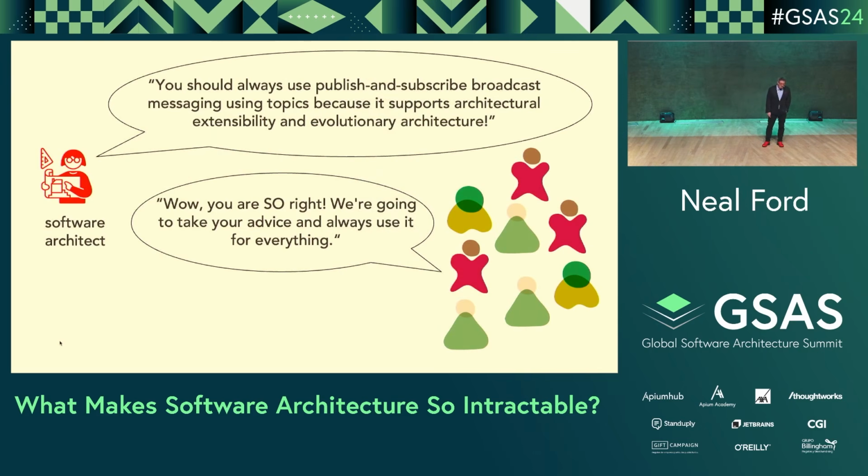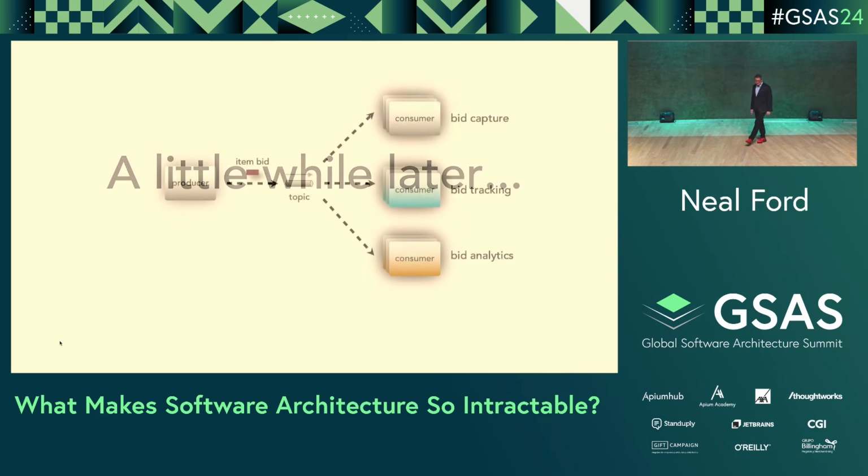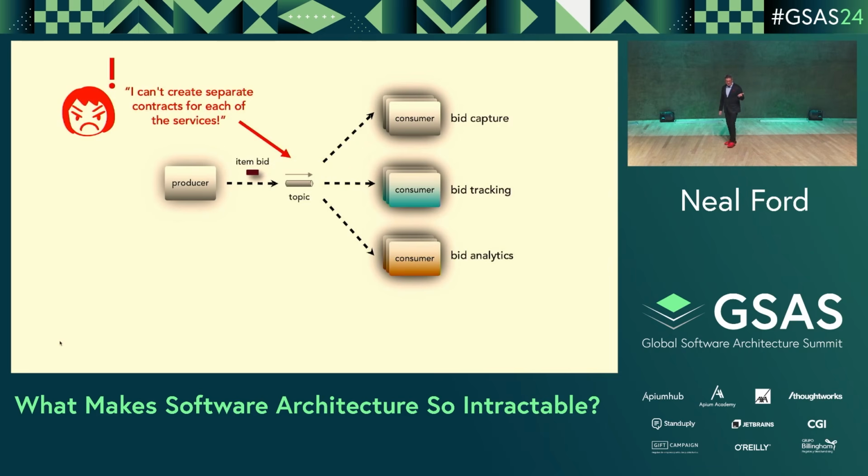You always end up in trouble when you over-evangelize like this, because then the narrator's voice comes in and says, meanwhile, a little while later, oh, I can't create separate contracts for each of the services, and guess what? We have stamp coupling all over the place now. I make one change in that contract and it breaks a whole bunch of stuff, which is annoying.